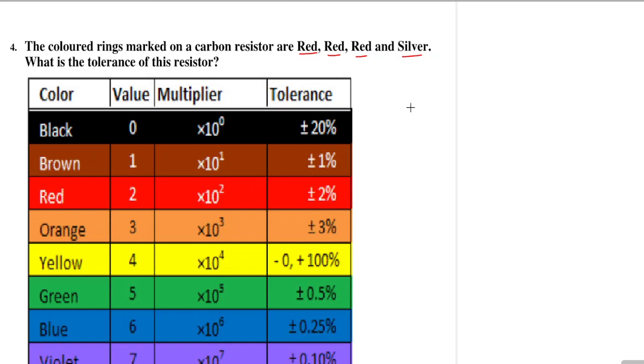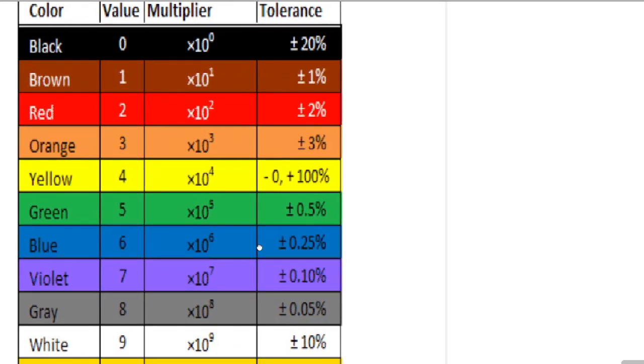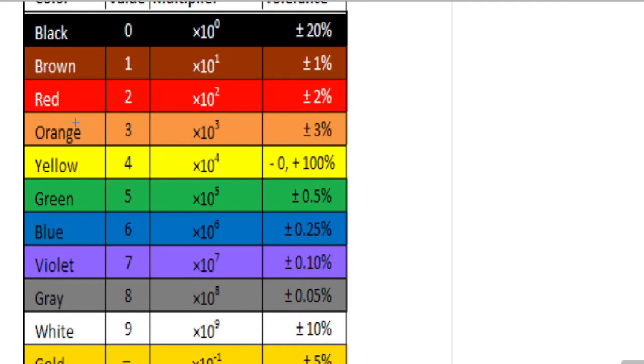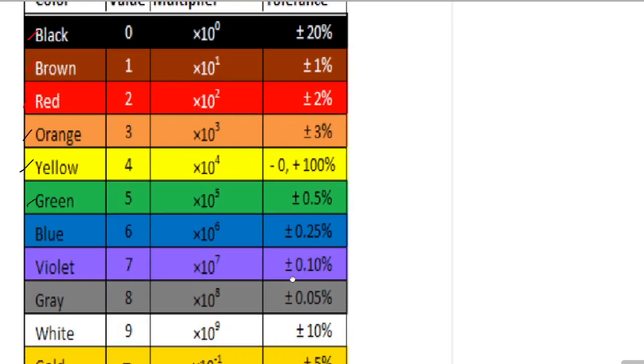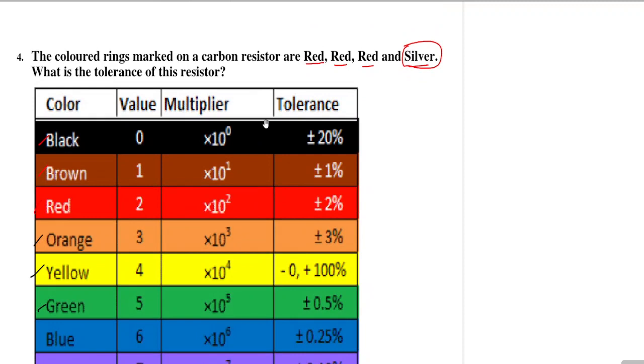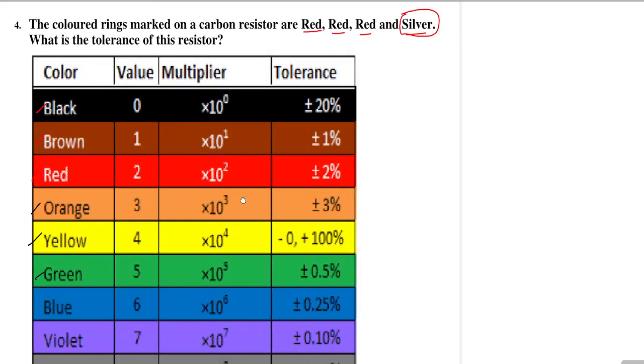So keep in mind that the last color would give the tolerance, and learn this table where they are starting from black, brown, red, orange, yellow, green. Since a question is asked related to color coding, the question could be to find the resistance for a given color also. It has not been asked here, but there is a chance of it being asked.